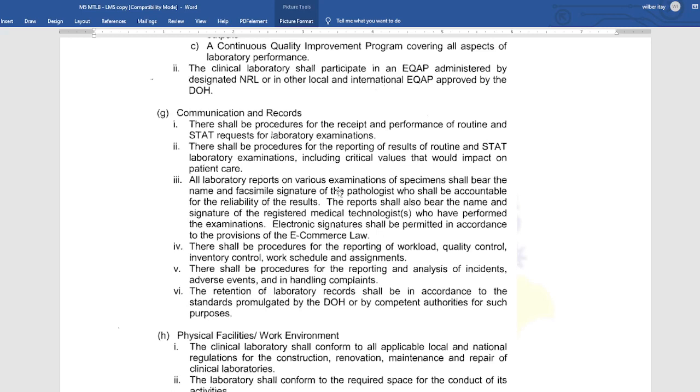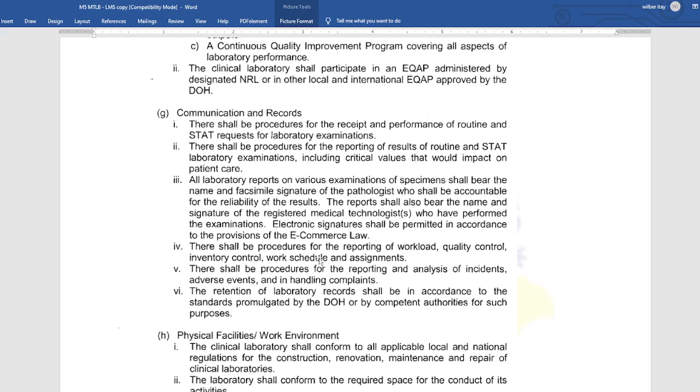All lab reports shall have the name and signature of the pathologist, as well as the medtech who performed the exam. Electronic signature shall be permitted in accordance with the provisions ng e-commerce law.